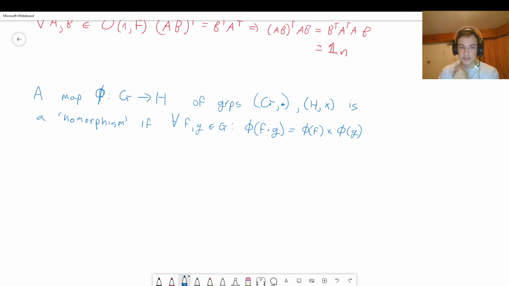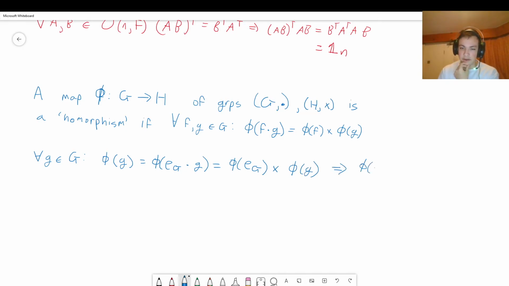And so this means things like, for all g in G, phi of g is equal to phi of the identity on G dotted with g, which is equal to phi of the identity of G, whatever that maps to, times phi of g, and therefore phi of the identity of G must equal the identity of H.